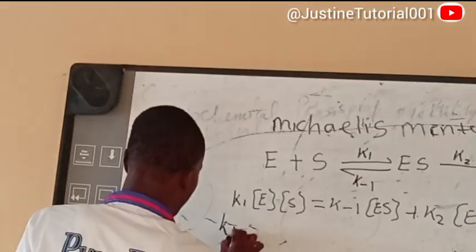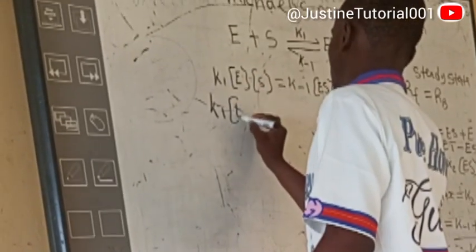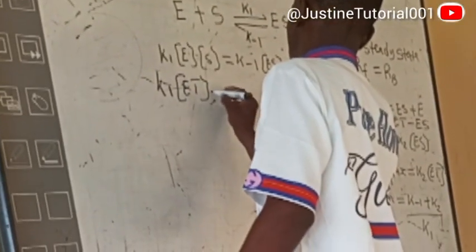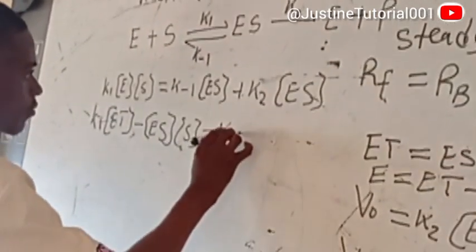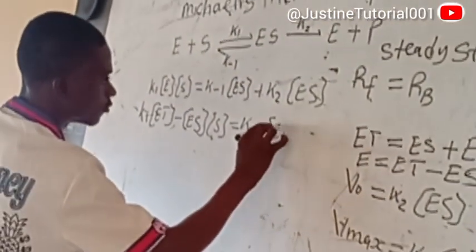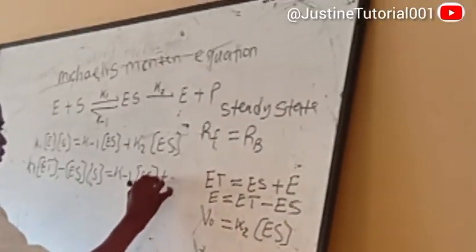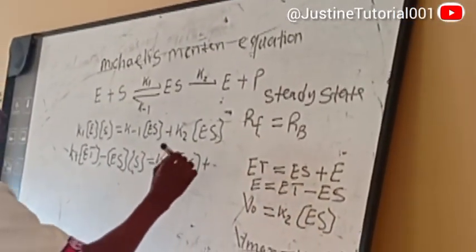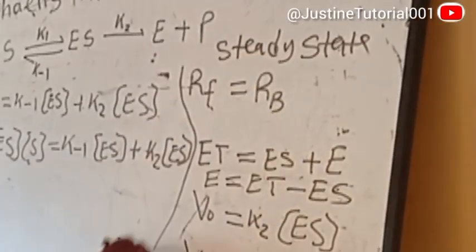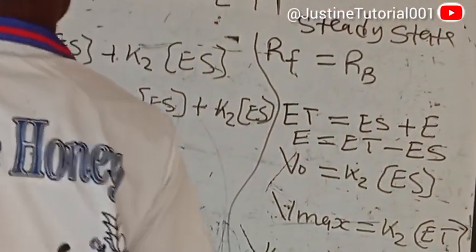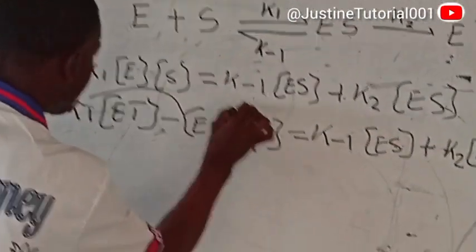So K1 times enzyme total minus enzyme-substrate times substrate equals K minus 1 plus K2 times enzyme-substrate.